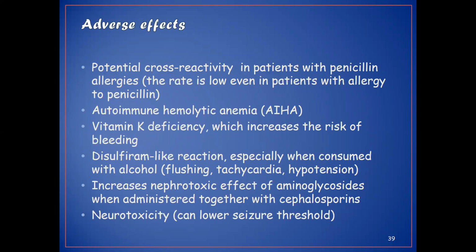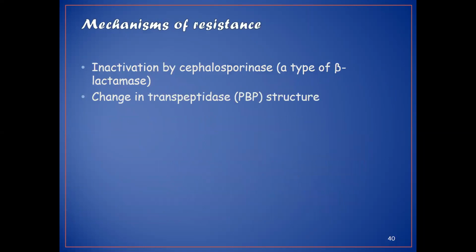Then autoimmune hemolytic anemia, vitamin K deficiency, which can increase the risk of bleeding, and disulfiram-like reactions, especially when consumed with alcohol, which may lead to flushing, tachycardia, and hypotension. It increases the nephrotoxic effect of aminoglycosides when administered together with cephalosporins. Neurotoxicity can lower the seizure threshold. Mechanisms of resistance include inactivation by beta-lactamase, and change in transpeptidase PBP structure.